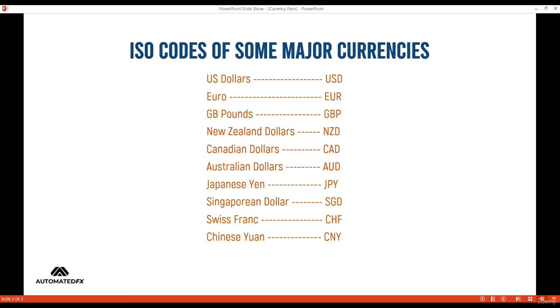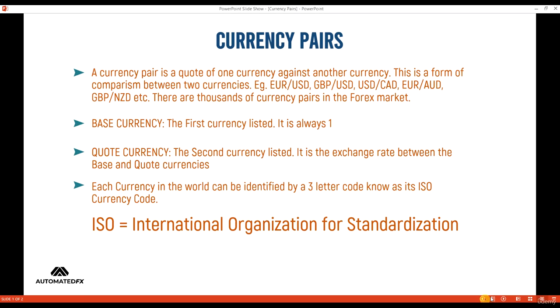You can just Google the ISO code of any currency you want, and you're going to get it. It's online and something you can access very easily.